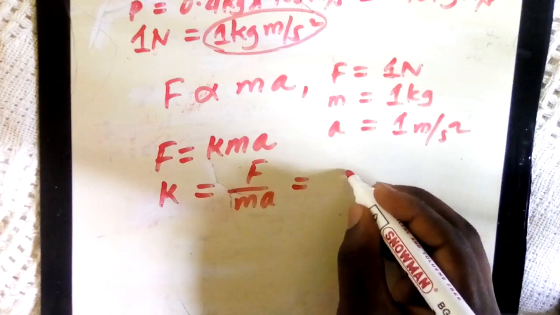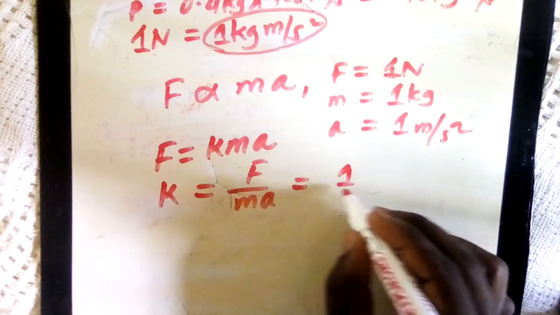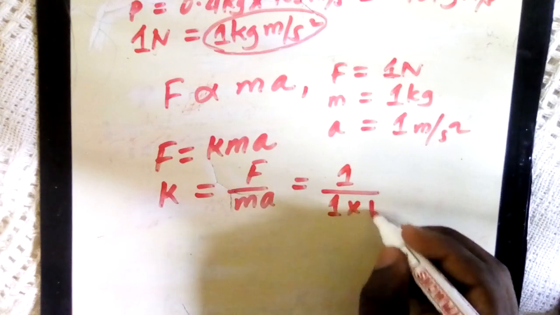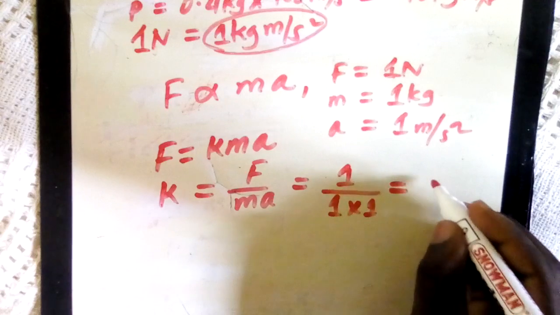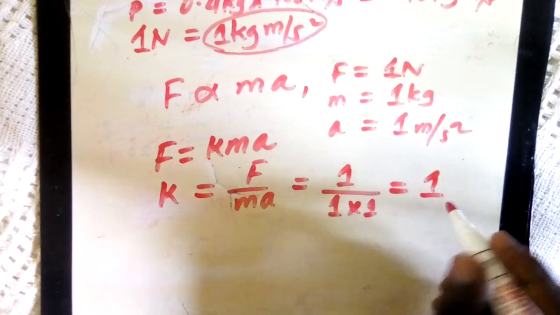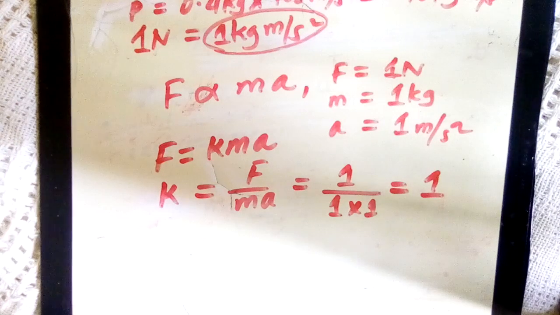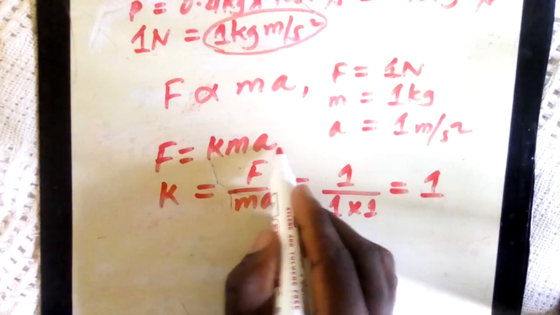We have a force of 1 Newton, and we have a unit mass and the unit acceleration. So basically we have 1 here. So we're going to take 1 divided by 1 times 1. This is basically 1.